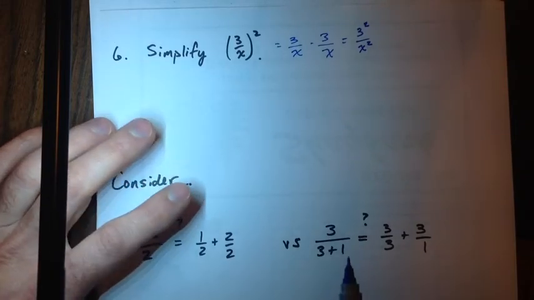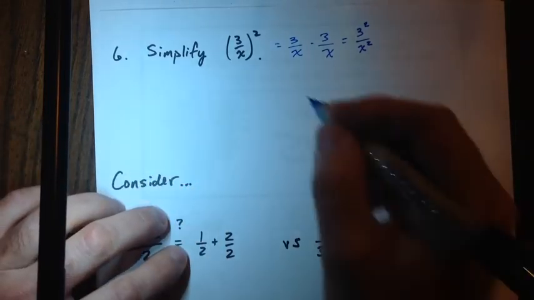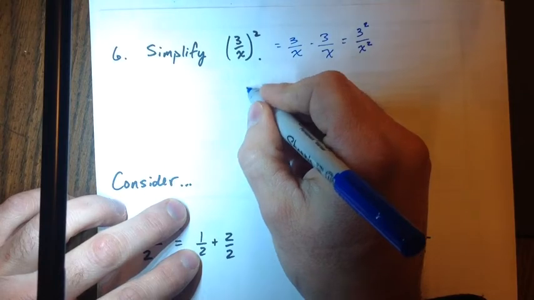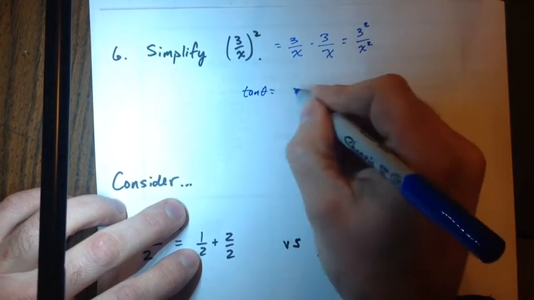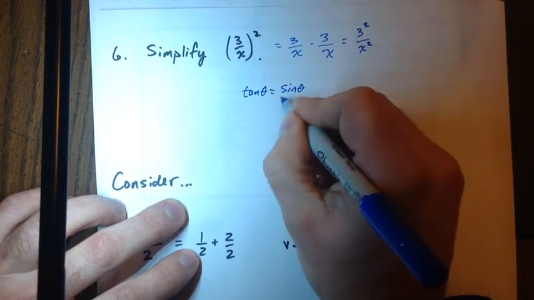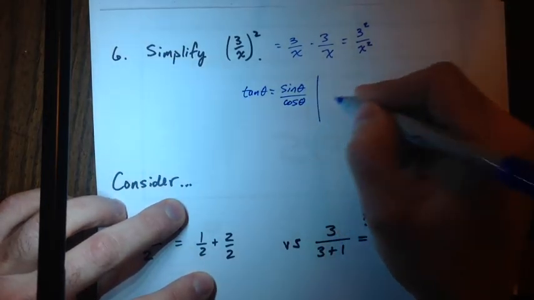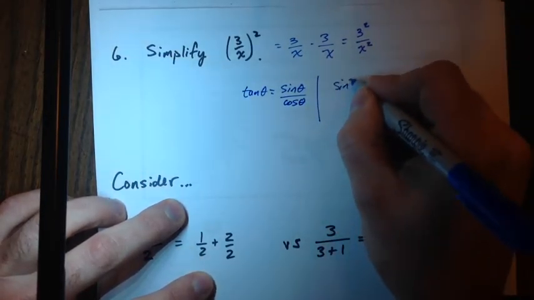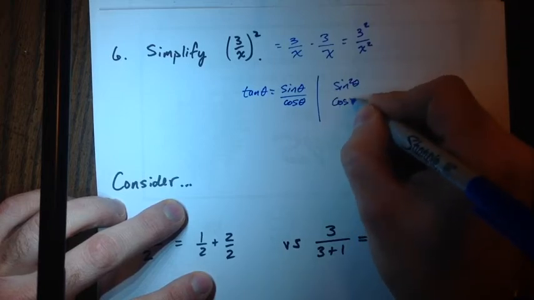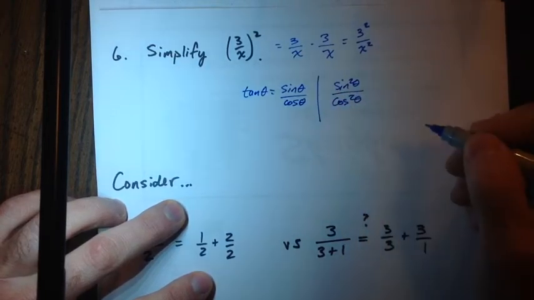If you think back to the Pythagorean identity, I glossed over a point there. I said that tangent of theta was equal to sine theta over cosine theta. But if you'll remember, we actually had sine squared theta over cosine squared theta.